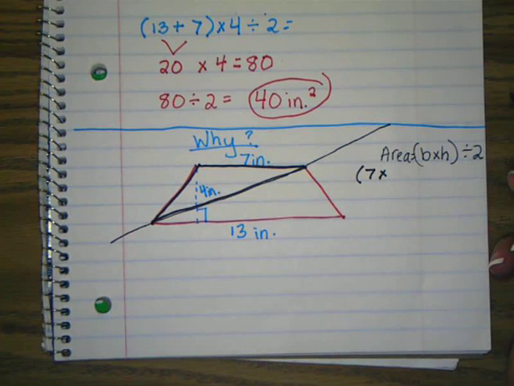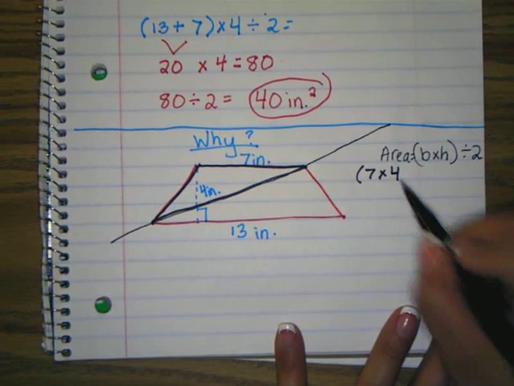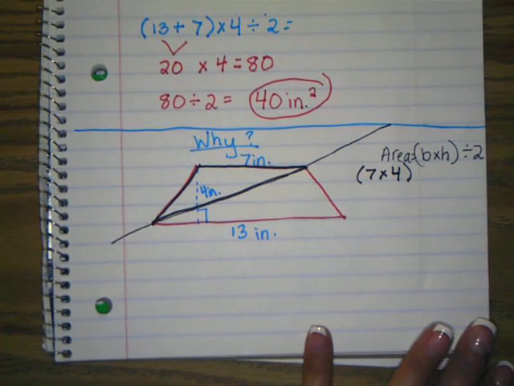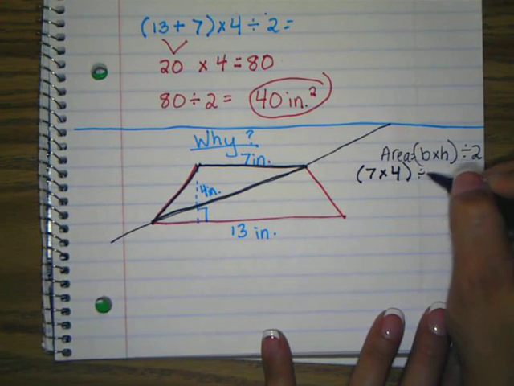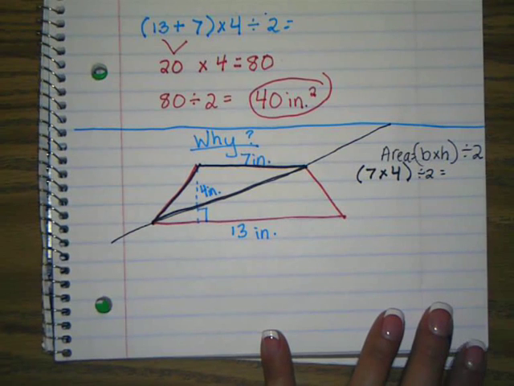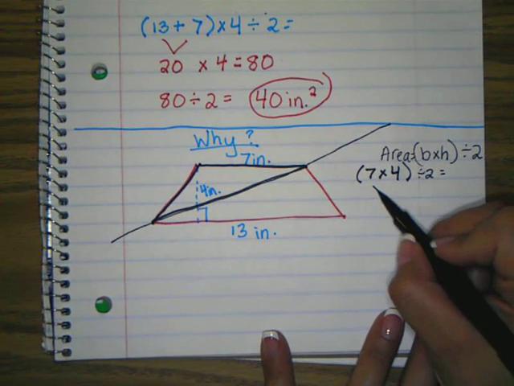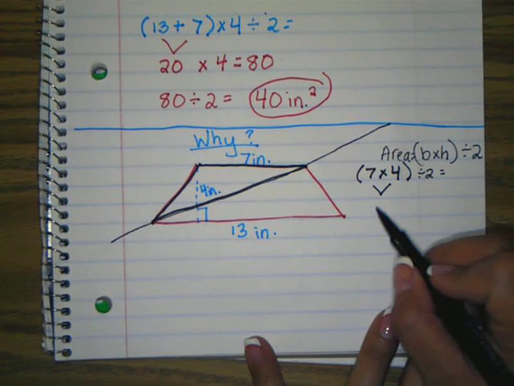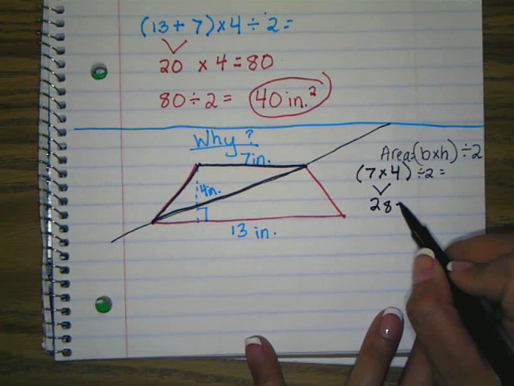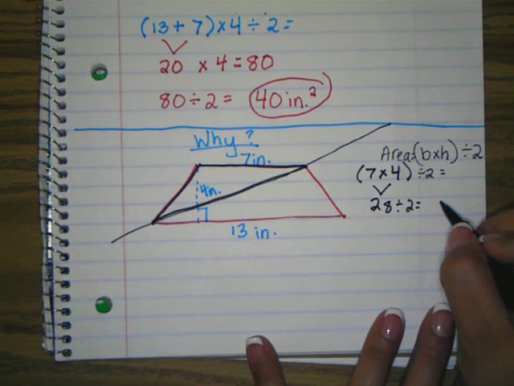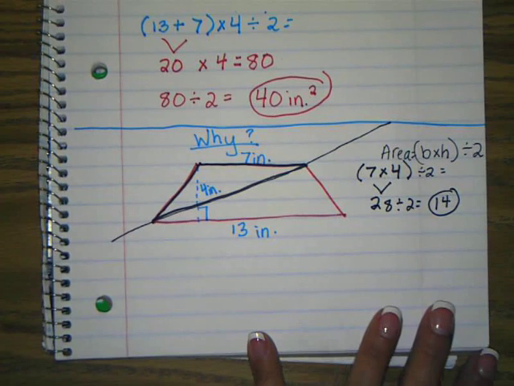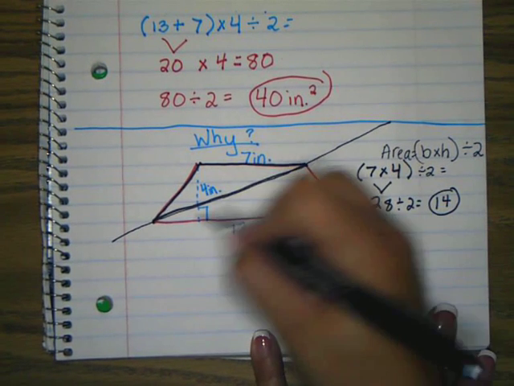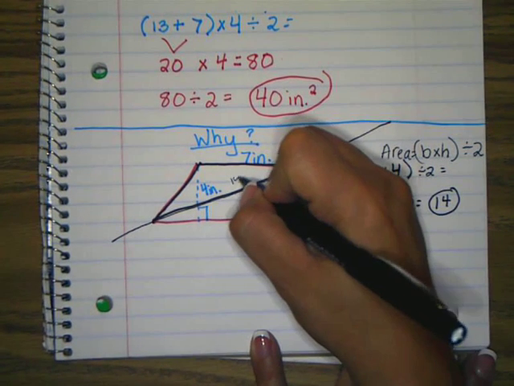Then we will divide it by 2. Everybody, what's 7 times 4? 28. 28 divided by 2 is 14. Okay, just circle that 14 for now. And you could even write in this area 14 inches squared. We know the area of this triangle.